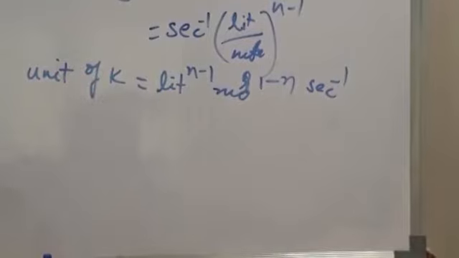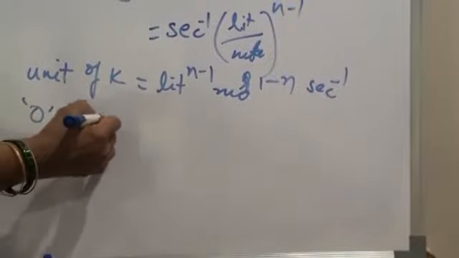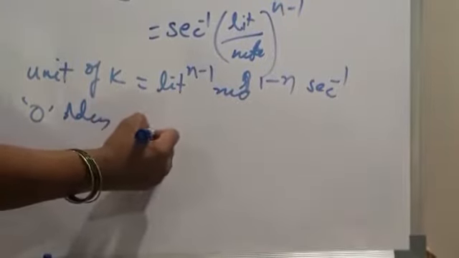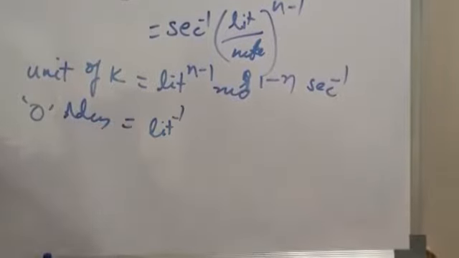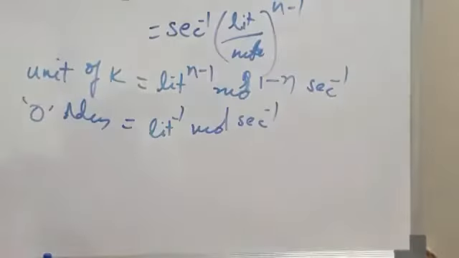For example, if n is 0, for a 0 order reaction, units are mole per liter per second, that is liter inverse, mole, second inverse.